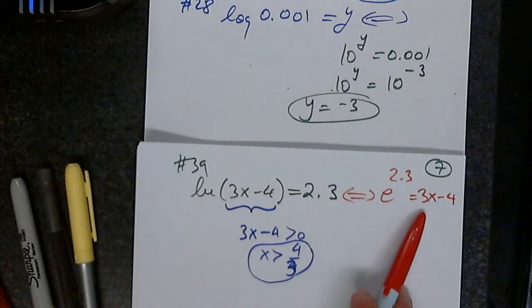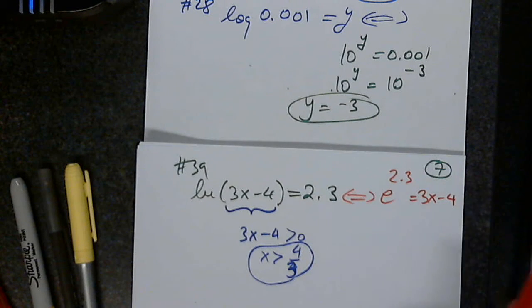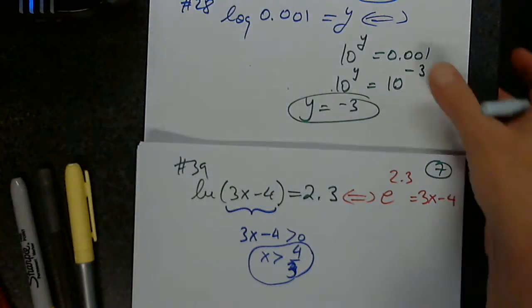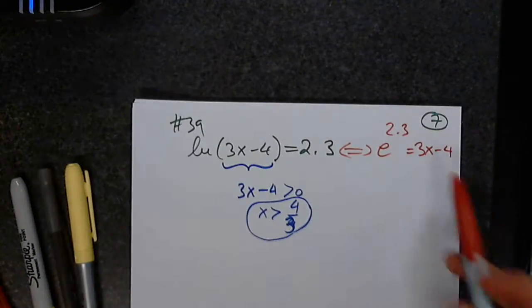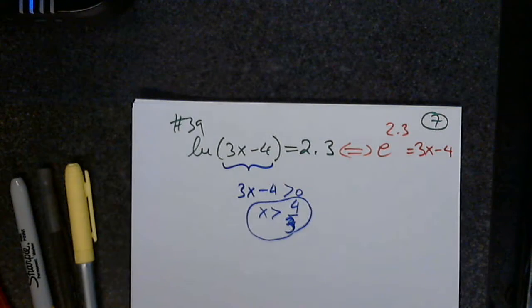Okay, so now I have to solve for x. How do I solve this for x? Don't be bothered by e to 2.3. It's just a number. Now this is linear. This was a logarithmic equation, but now it is linear. How do I solve a linear equation?